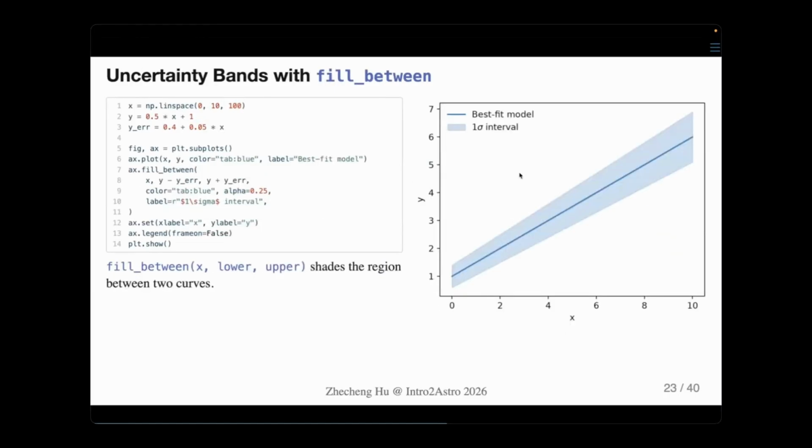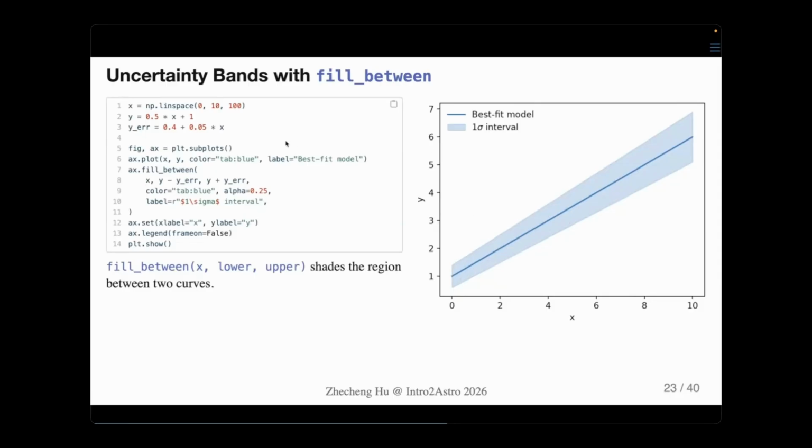You can also do this. And another thing is the uncertainty of the model. We always need to fit a model of something, and here is how we demonstrate the uncertainty of a model.